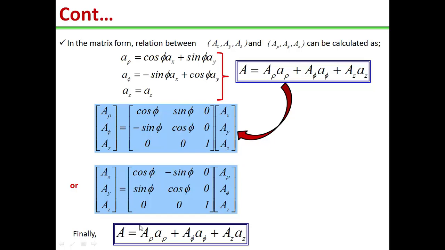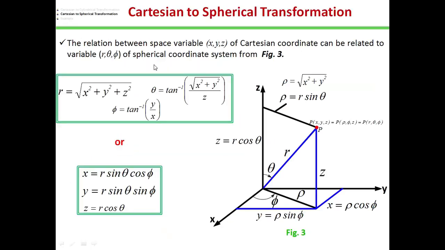We found the cylindrical coordinate system vector in terms of the Cartesian coordinate system. So we can transform vector a that is given in the Cartesian coordinate system to the cylindrical coordinate system.